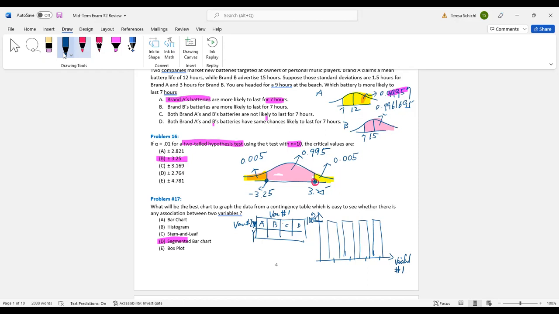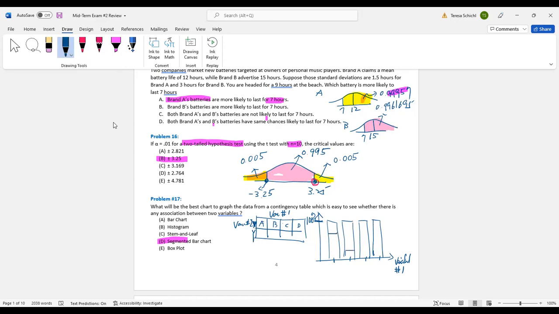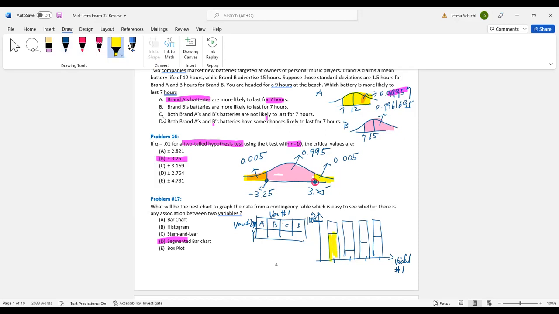So now, what is the segmented bar chart? They all reach 100%. So like in here, if I say this one is this way, this way, this way, and this way, see here, right? So this is variable 1, variable 1, variable 1. This, for example, is the X value for variable 1.